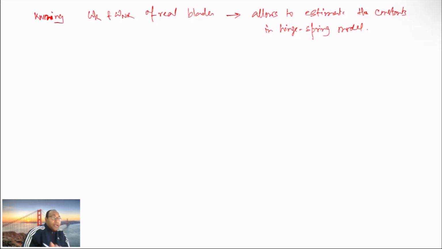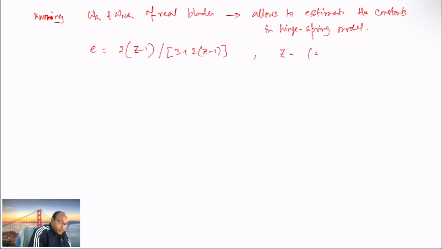And the offset can be defined as 2 into Z minus 1 divided by 3 plus Z. This is as per the literature given by Eggleston and Stoddard in their book, where Z is given as omega r square minus omega nr square by omega square.